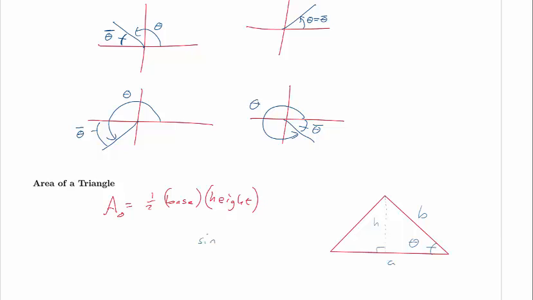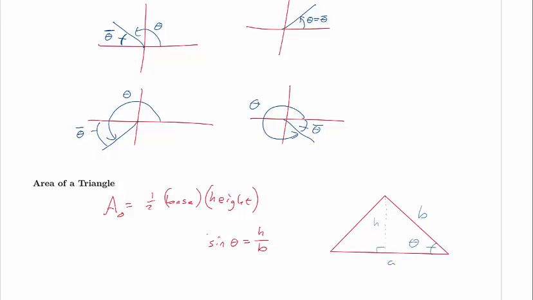So h would be, now we use the sine function. Let me switch to red. We use the sine function, sine of theta, equals the opposite, which is the height, divided by the hypotenuse, which is b. Okay.